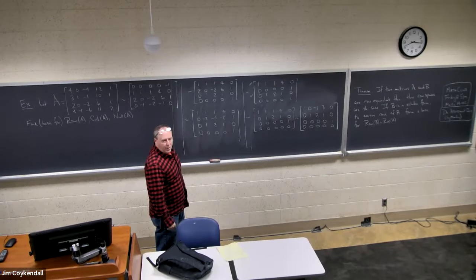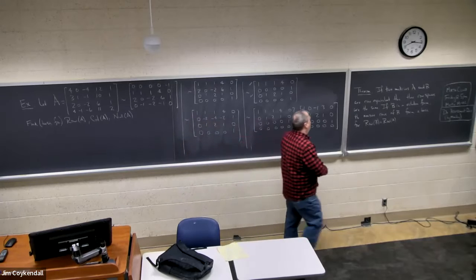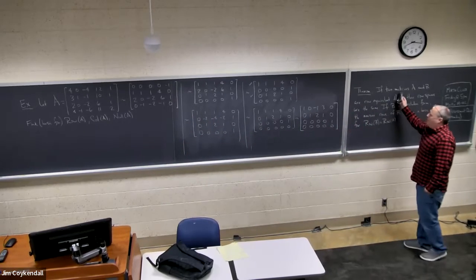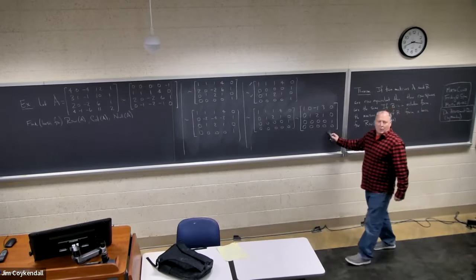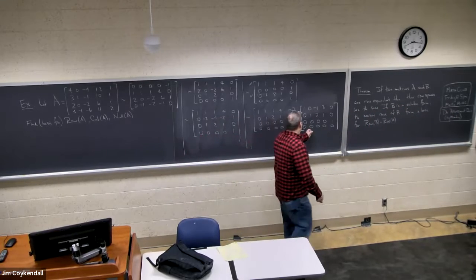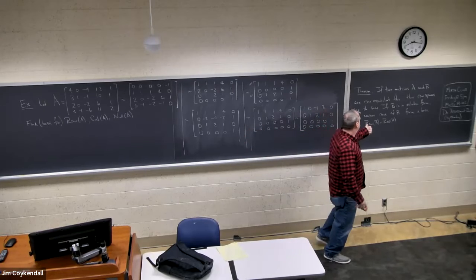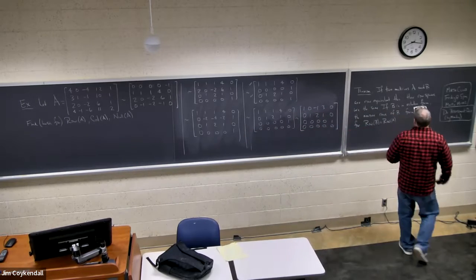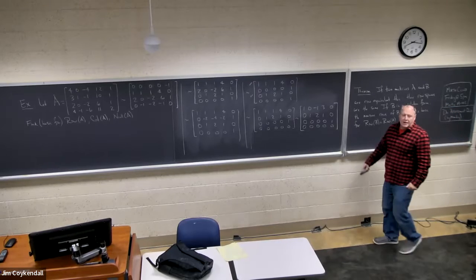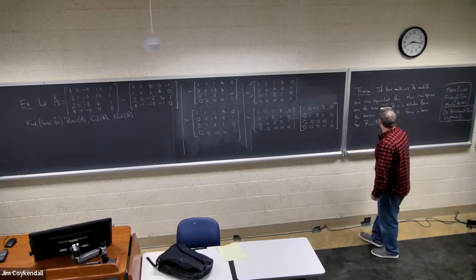Now I've got this in row reduced echelon form, I can pretty much pick off what I want. Let's look at this theorem. This is my matrix B, and the original one is A. B is row equivalent to the original matrix. So it says that the non-zero rows are a basis for the row space.